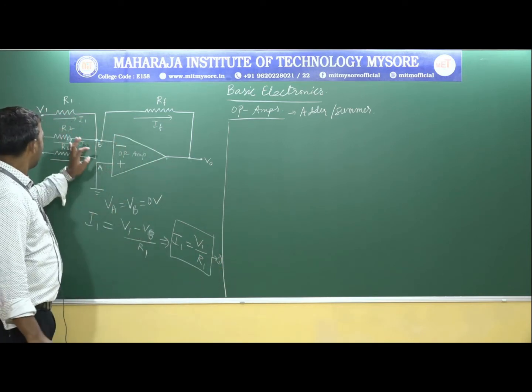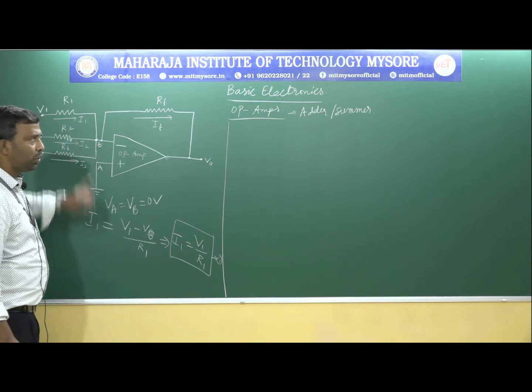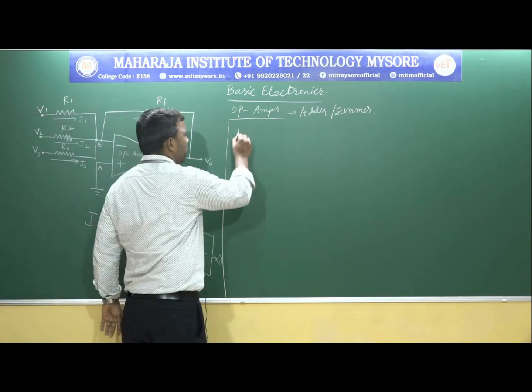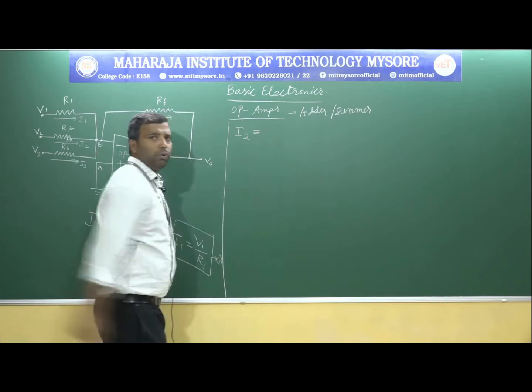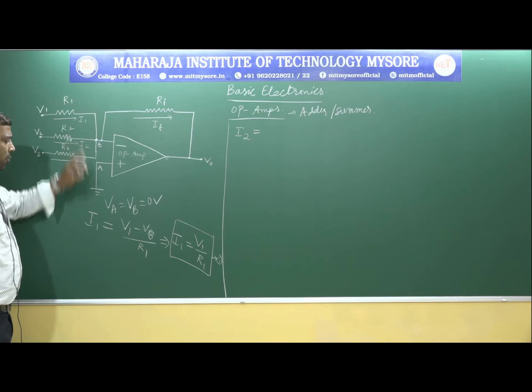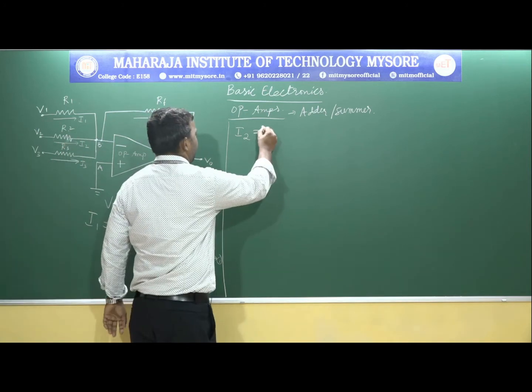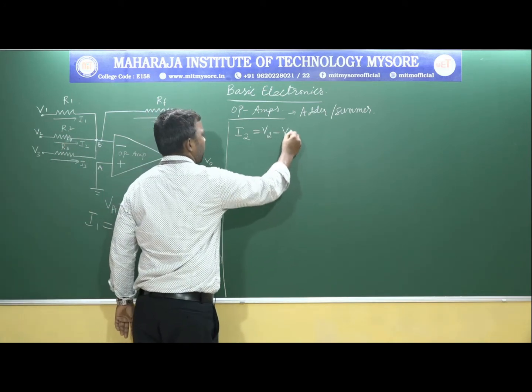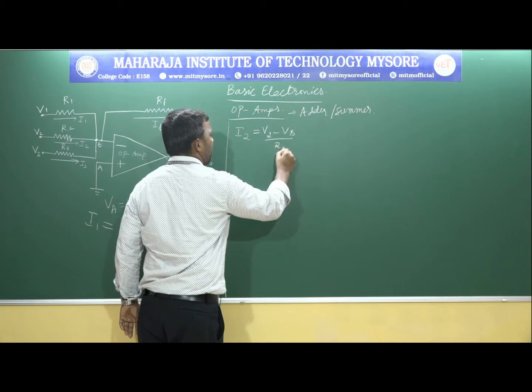Similarly, let us find the expression for I2. I2 is equal to V2 minus VB divided by R2.